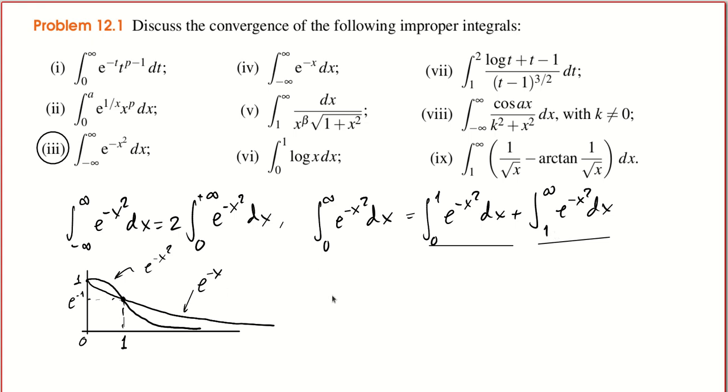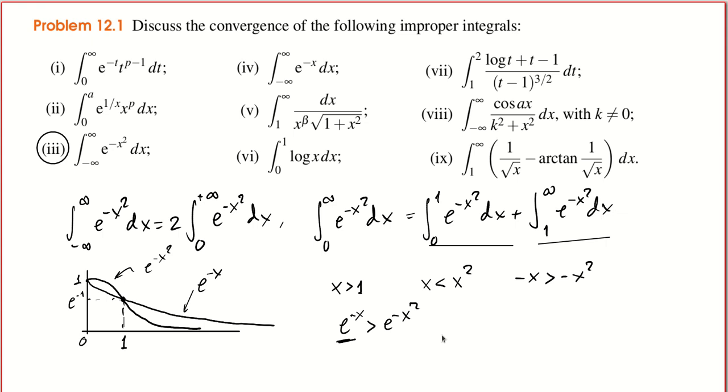And now we have this nice bound. The bound is obviously if x is larger than 1, then x is smaller than x squared. That is trivial, right? So minus x is larger than minus x squared, and since the exponential is an increasing function, e minus x is larger than e minus x squared. So this is an upper bound, as I said, and as it is shown in this picture here, right?